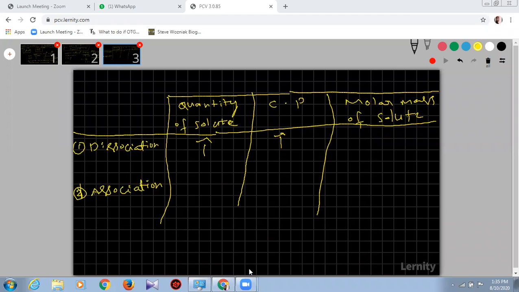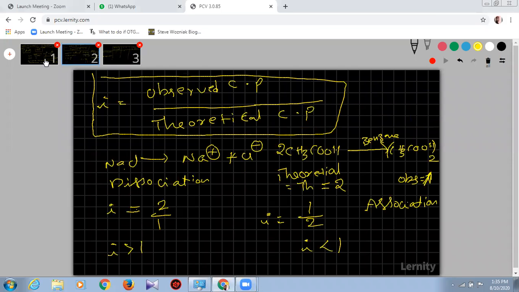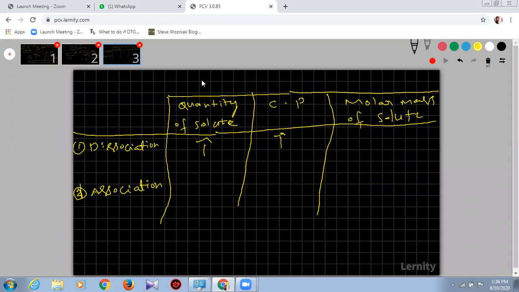Sorry, molar mass of solute reduces. Why? If you take sodium chloride, earlier the molar mass is 58.5. Sodium becomes 23 and chlorine becomes 35.5. So you can see the molar mass of solute decreases.